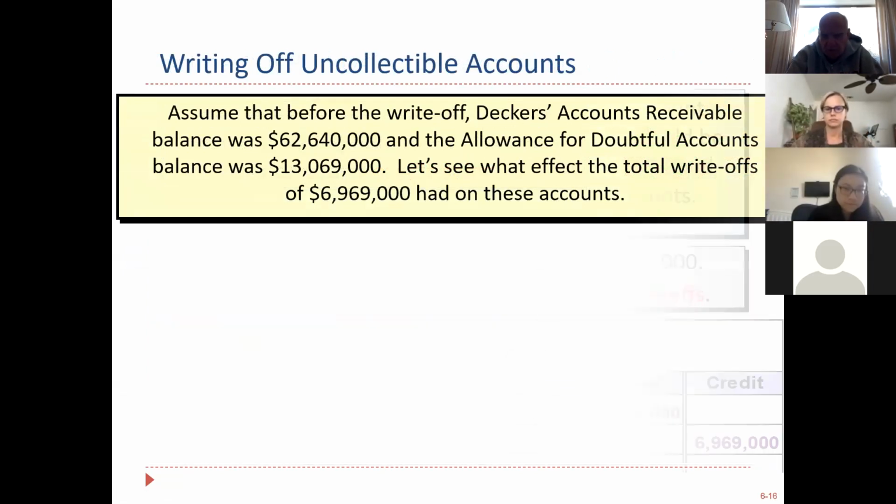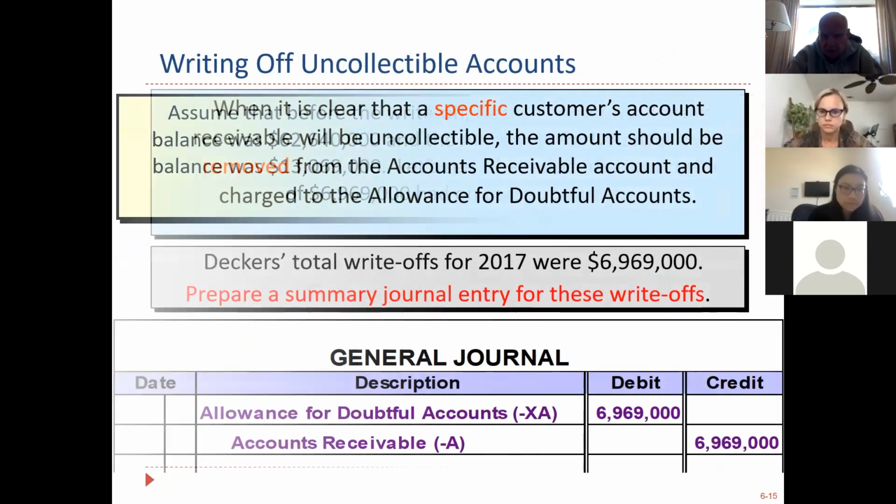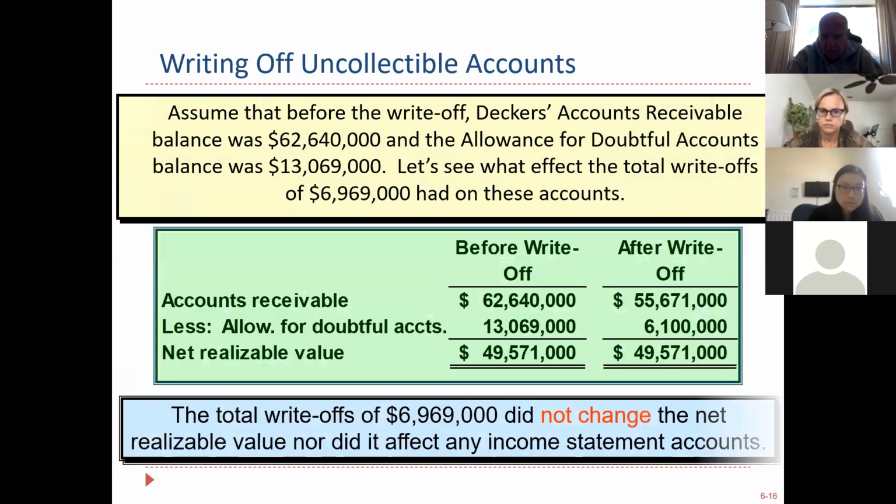So we recorded this journal entry, which means we credited accounts receivable for $6,969,000. It reduced that, and it reduced the contra account by the same amount, leaving that balance.